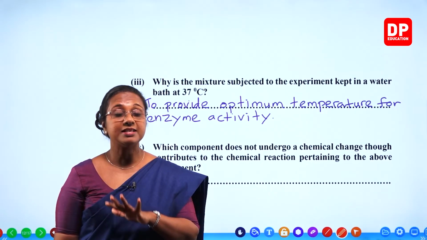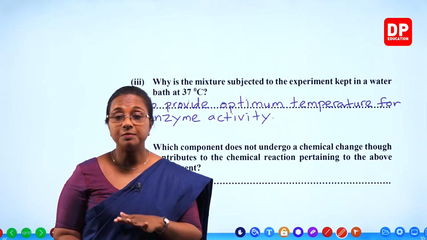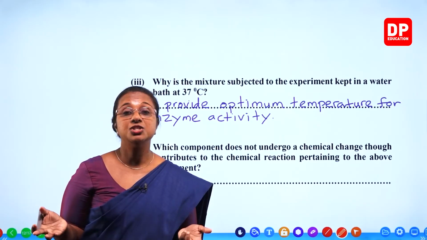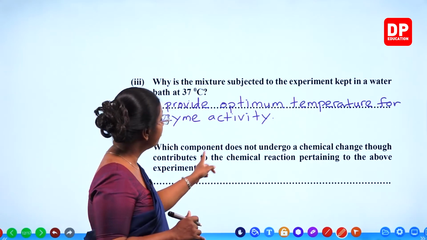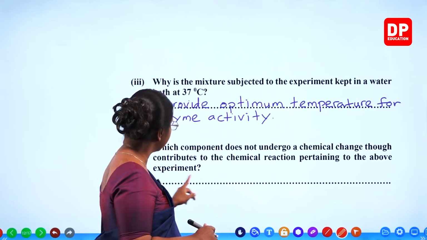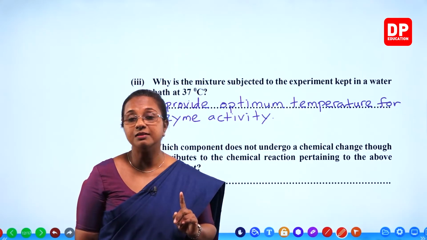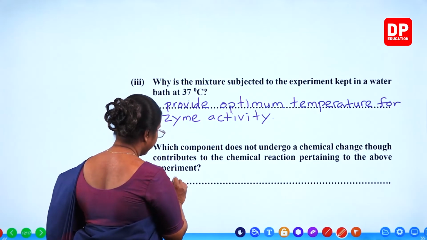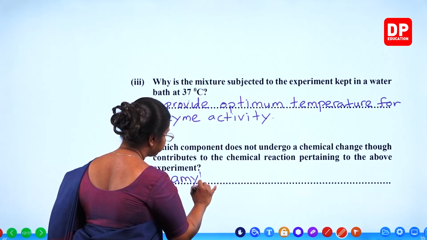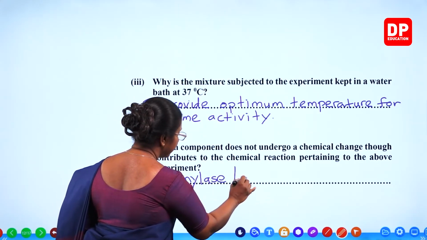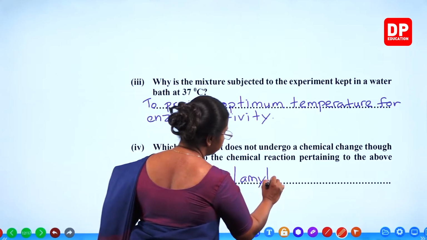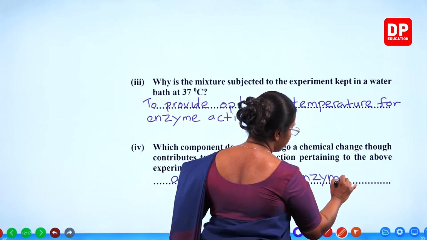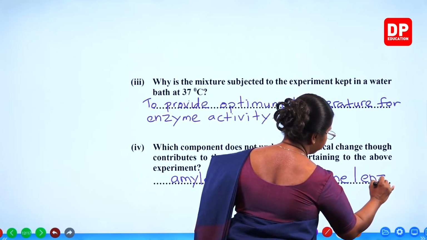They remain the same. After the completion of the reaction, enzymes remain the same. The mass also does not change. So that means they do not undergo chemical change, but they contribute to the chemical reaction. So that is amylase. So here we have to say amylase, or you can say amylase enzyme, or you can even say enzyme.